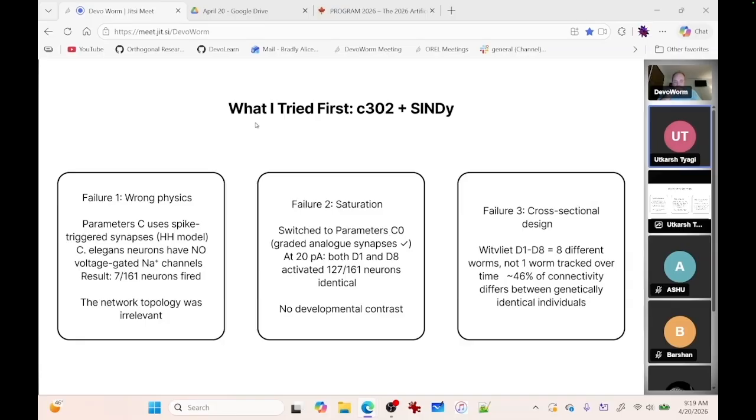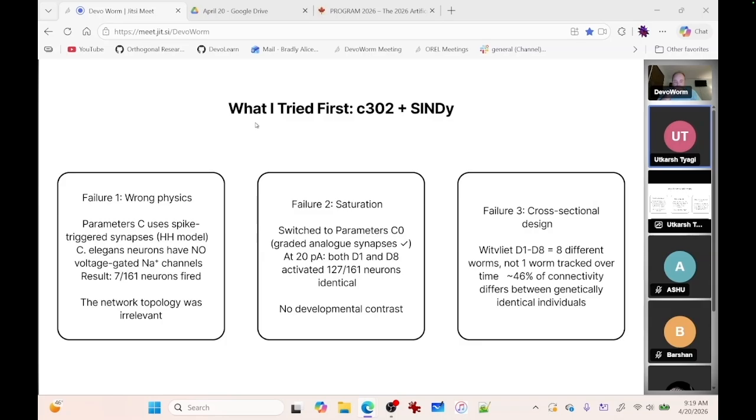If you're modeling something in development, the physics aren't necessarily the same as what you find in the adult. You have this saturation problem where there are no contrasts that are developmentally interesting. In other words, if things are already mature, all the changes in development have already occurred, so we can't look at those changes, and the model's not sensitive to them.